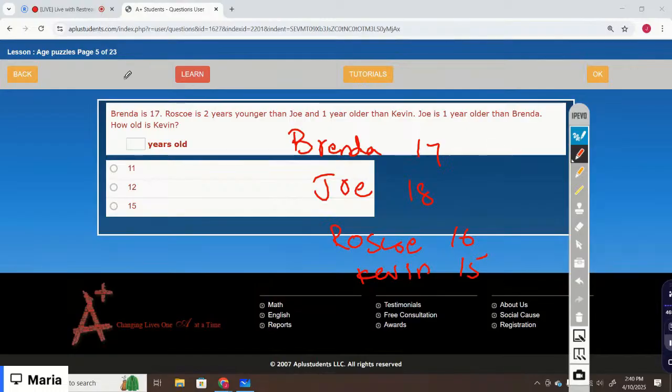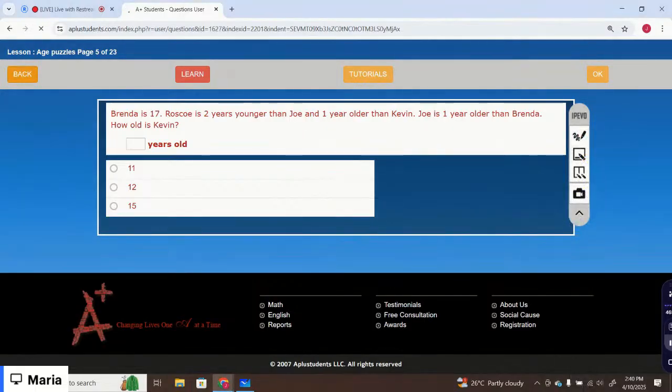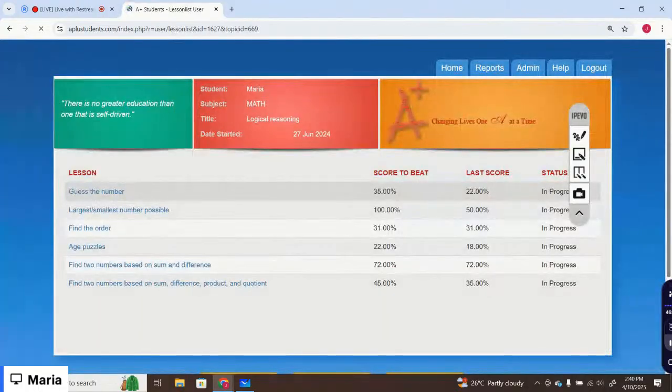Okay, you can complete the lesson by yourself later today. Let's just move on to the next lesson. So we were working on grade 3 math. The chapter we are working on is logical reasoning. The lessons we have covered today are guess the number, largest and smallest numbers possible, find the order, and age puzzles.